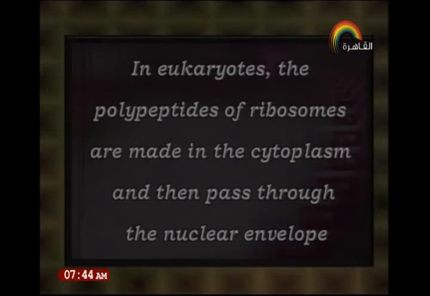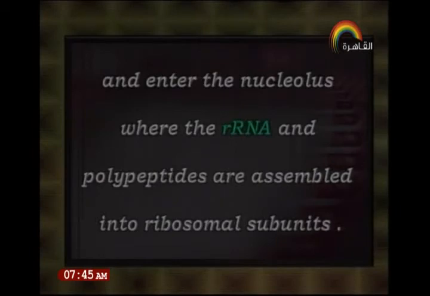The polypeptides of ribosomes are made in the cytoplasm and then pass through the nuclear envelope. After this, they enter the nucleus where the rRNA and polypeptides are assembled into ribosomal subunits.